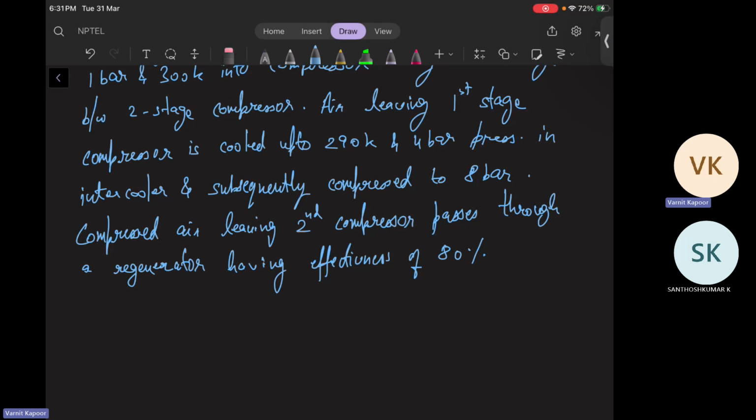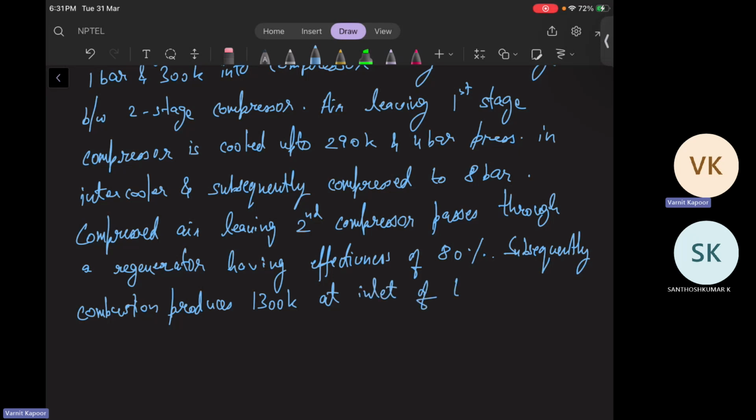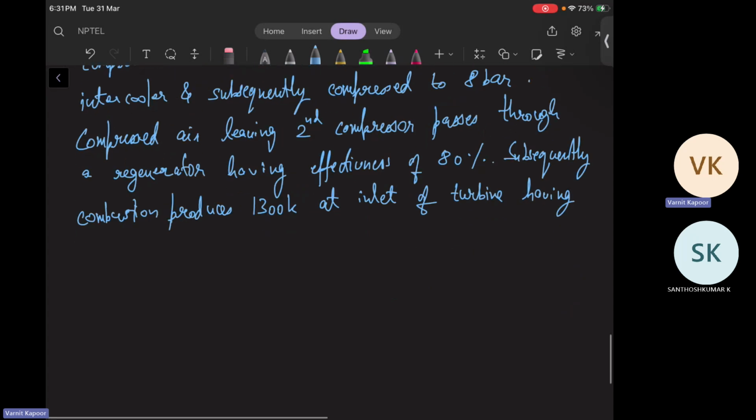Subsequently, combustion produces 1300 Kelvin at the inlet of the turbine, having expansion up to 4 bar.